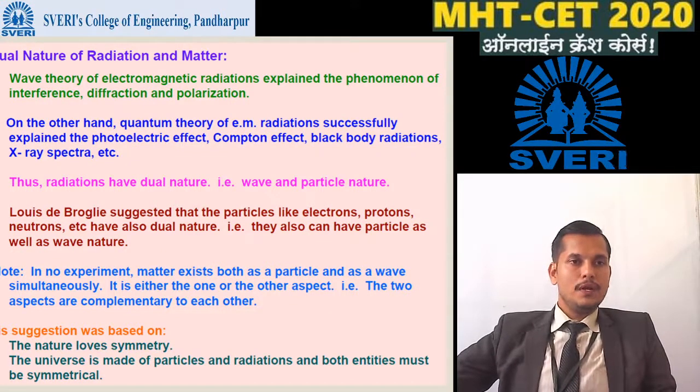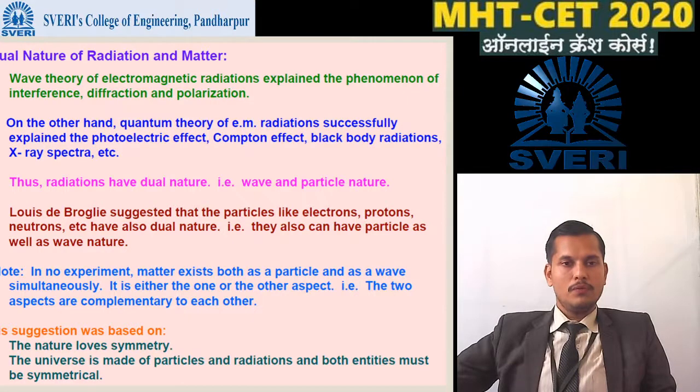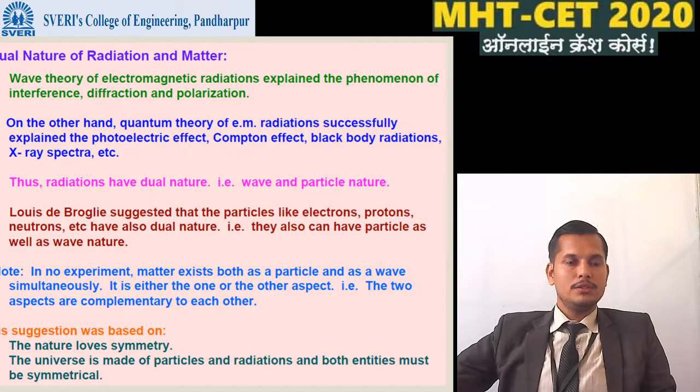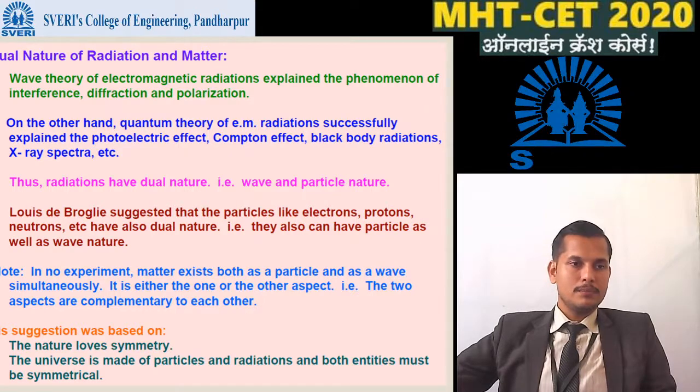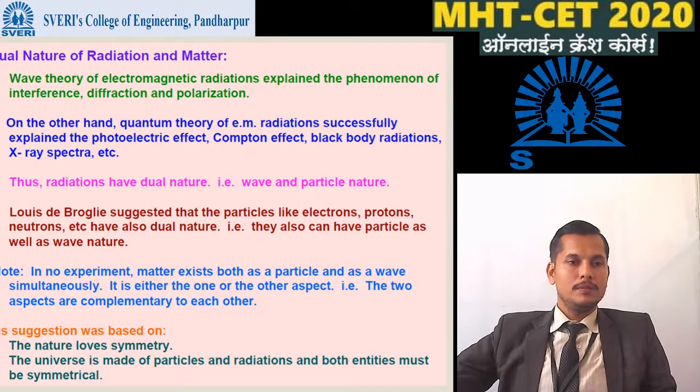Dual nature of radiation and matter. Wave theory of electromagnetic radiations explained the phenomenon of interference, diffraction, and polarization. On the other hand, quantum theory of electromagnetic radiations successfully explained the photoelectric effect, Compton effect, black body radiations, X-ray spectra, etc. Thus, radiations have dual nature, that is wave-particle duality, wave and particle nature.